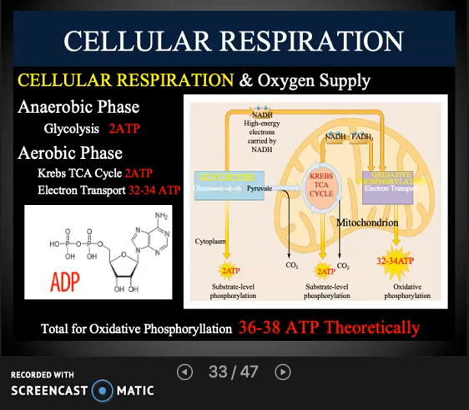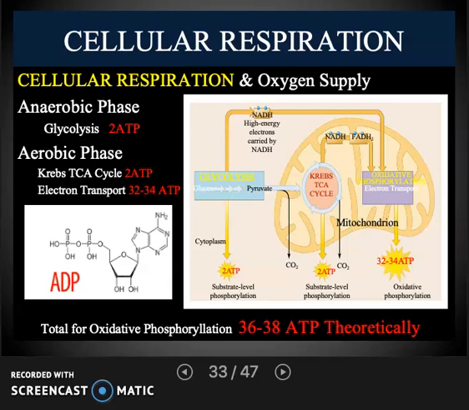I'm not worried about that. But in the aerobic phase, the Krebs cycle, I'm taking that pyruvate, which has now been turned into acetyl-CoA, and I combine it with oxygen. Now, one of the products of this is carbon dioxide. All right. So remember, in glycolysis, I've broken down glucose, so I've taken that reactant.